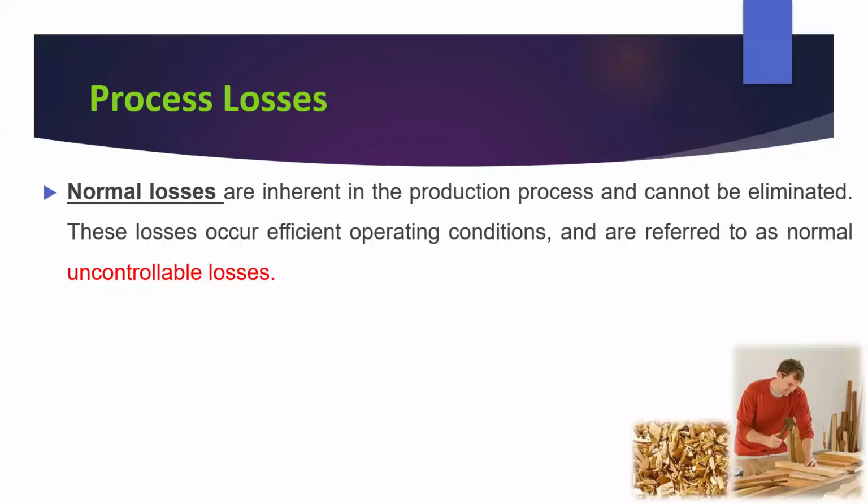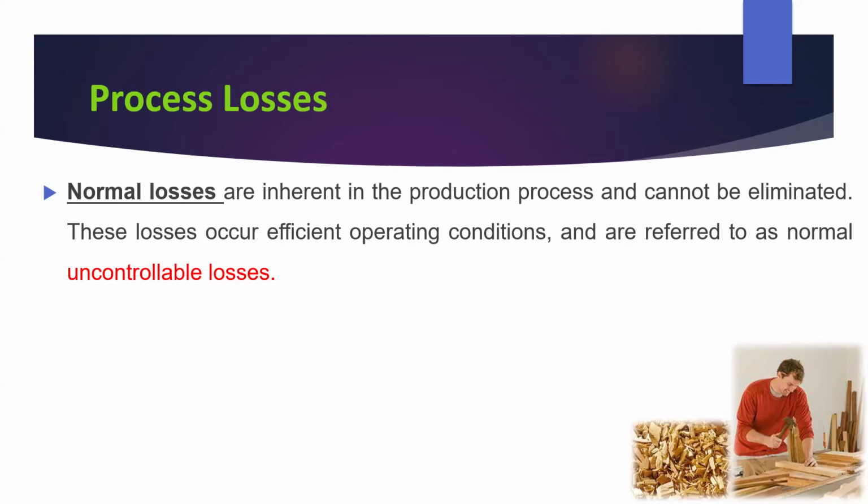As you can see, here there is a carpenter. When a carpenter is going to make a chair, he has to cut the timber according to the measurement. When he is cutting the timber according to the measurement, there may be some timber parts thrown away.